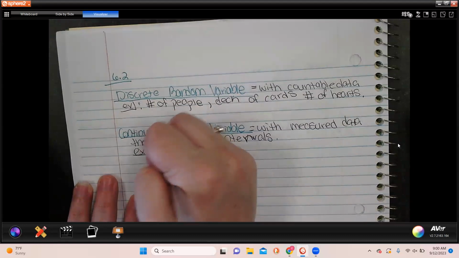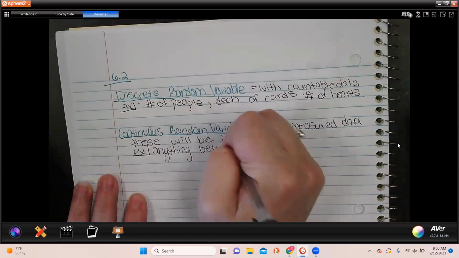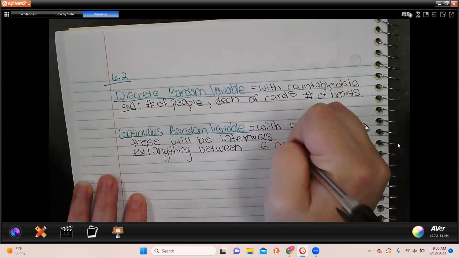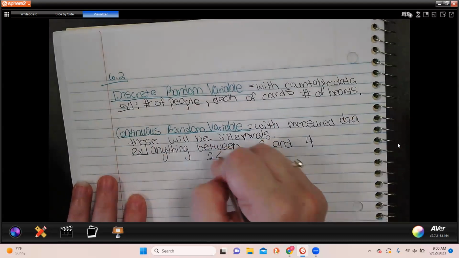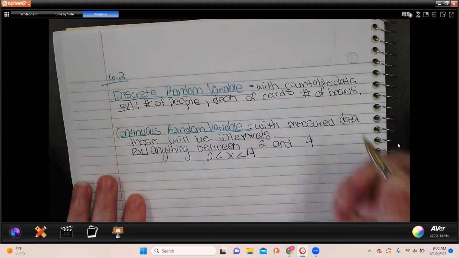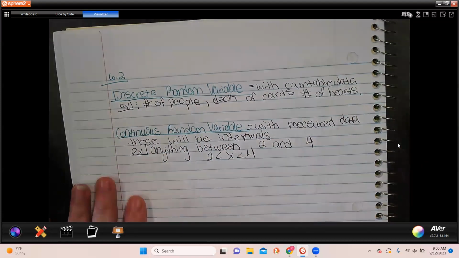So anything between 2 and 4, literally anything. So 2 less than x less than 4. This is the example of the interval notation of this particular question.